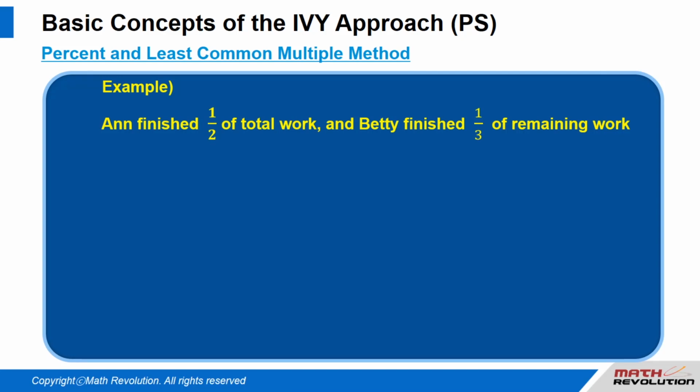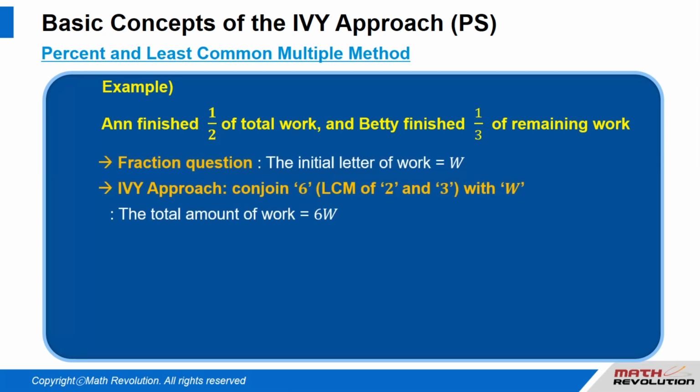Anne finished 1 over 2 of the total work, and Betty finished 1 over 3 of the remaining work. This is a part of a fraction question. The initial letter of work is W, and the IV approach conjoins 6, the least common multiple of the denominators 2 and 3, with W, so we get 6 times W as the total amount of work.